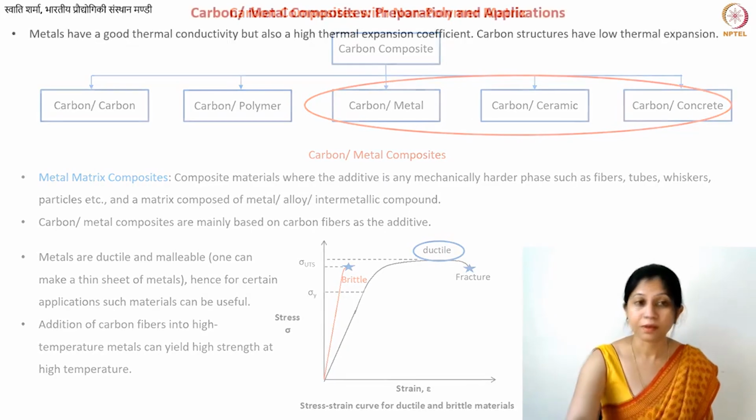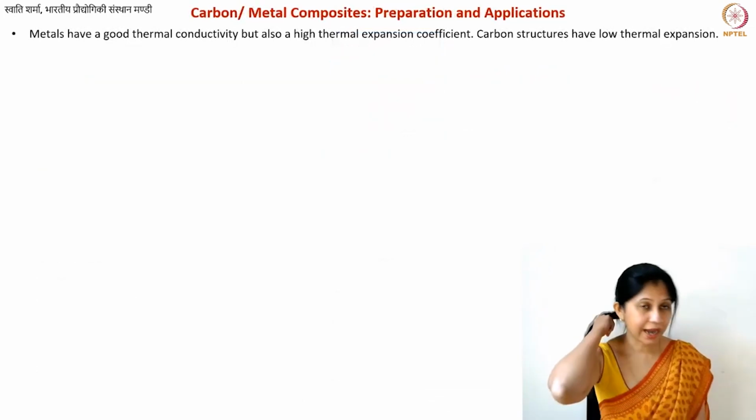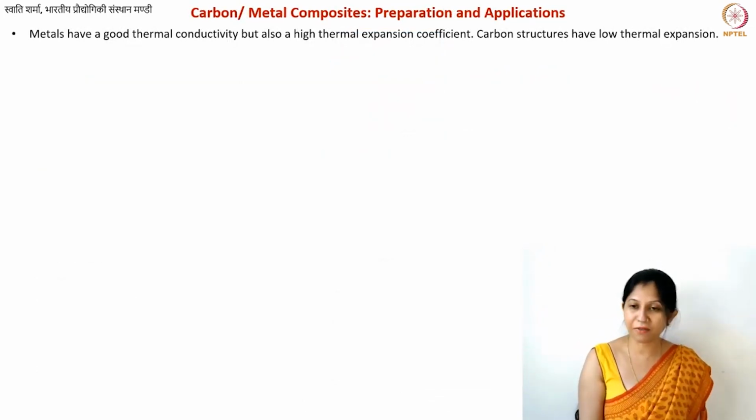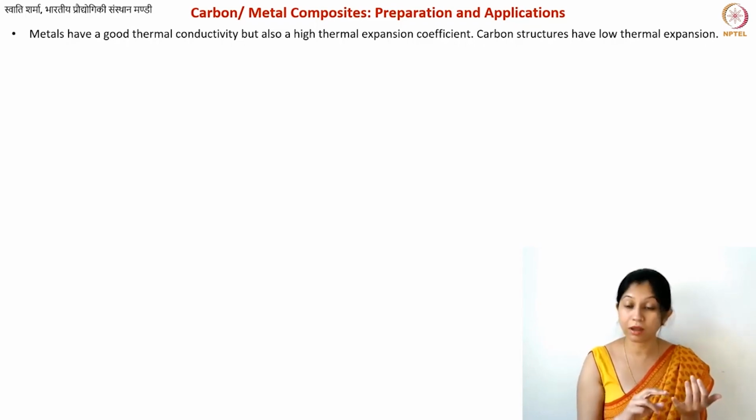If you do this, then at higher temperatures you will also get better strength from the material. So basically the idea is that metals have very interesting properties. Metals offer a lot of properties that carbon or ceramics don't offer. Other than the physical properties, the ductility and malleability, you also have good thermal conductivity and good electrical conductivity.